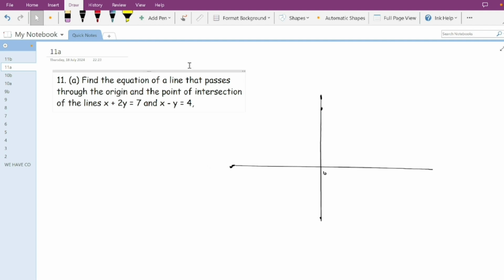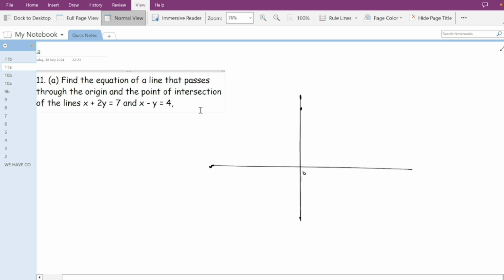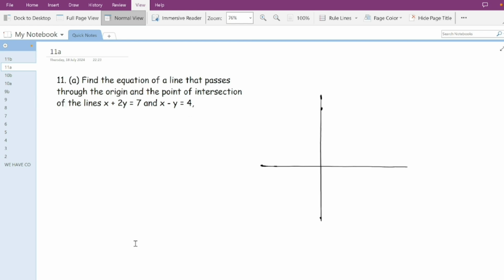Now that's the origin, and the line also passes through the point of intersection of the lines x plus 2y equals 7 and x minus y equals 4. Let's say we have the other two lines, not the actual lines, but for the sake of understanding what we're doing. Let's take this as our first line, x plus 2y equals 7.